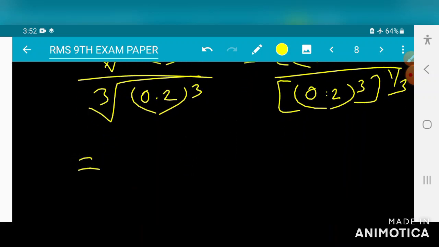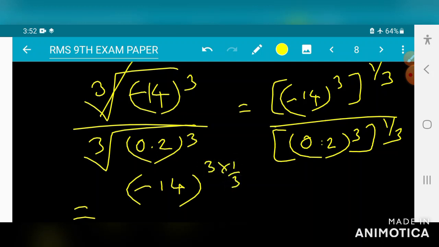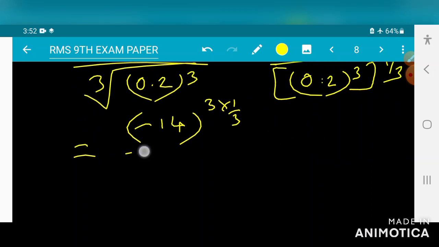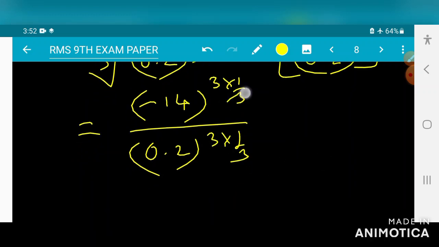Now see what happens in the next step. Minus 14 to the power of 3. Here is one identity, a to the power of m whole power n is a to the power of m into n. Same for 0.2, m into n. So 3 ones are 3, and it becomes minus 14 upon 0.2.